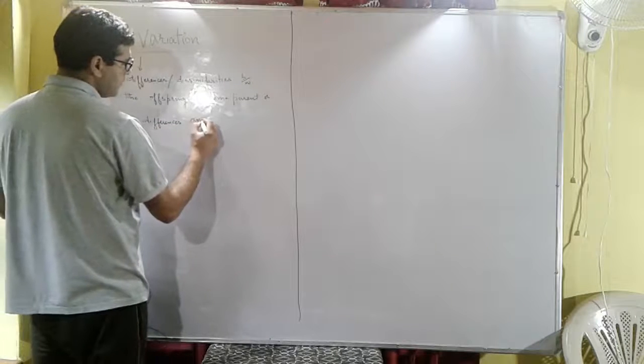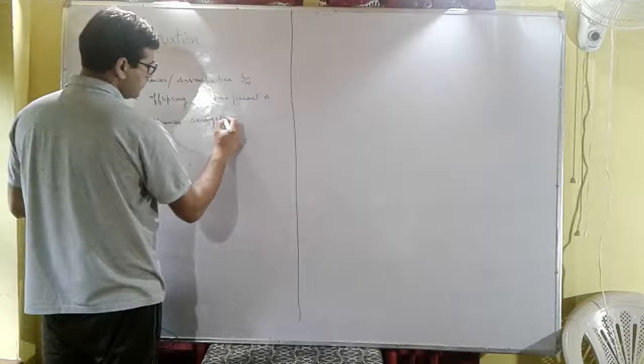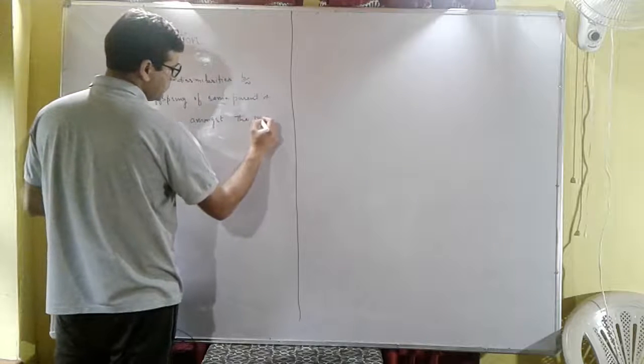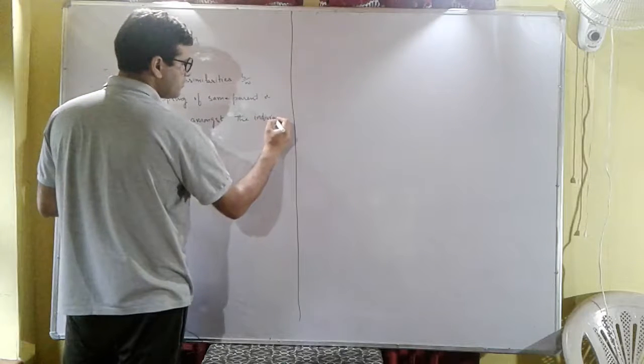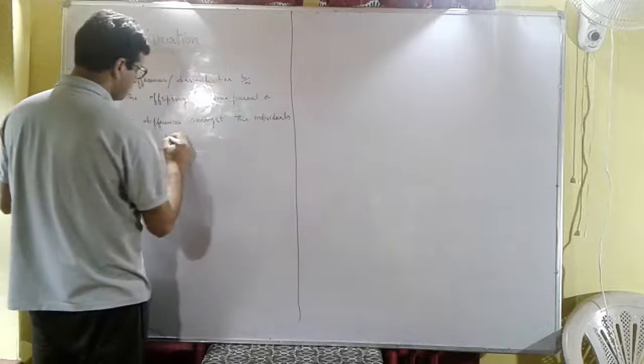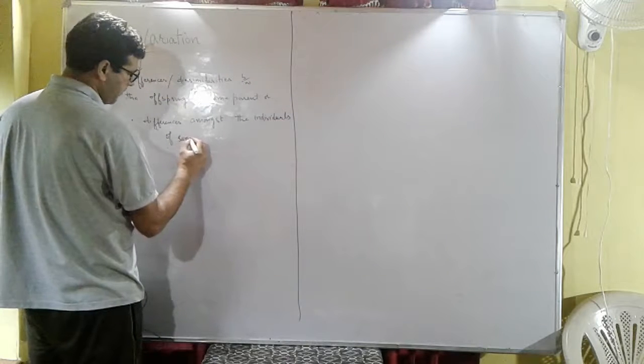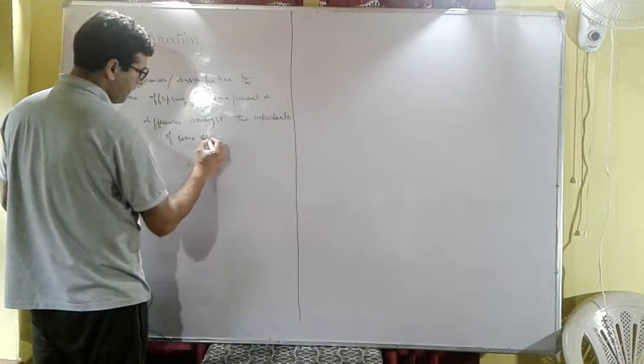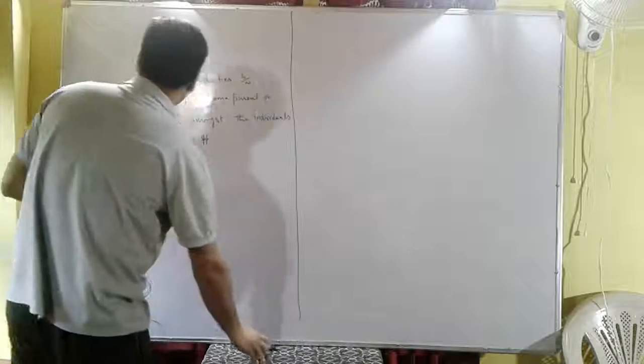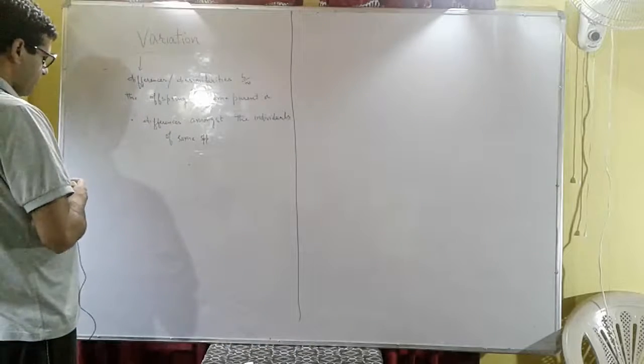Differences amongst the individuals of the same species. So this is what is called variation.